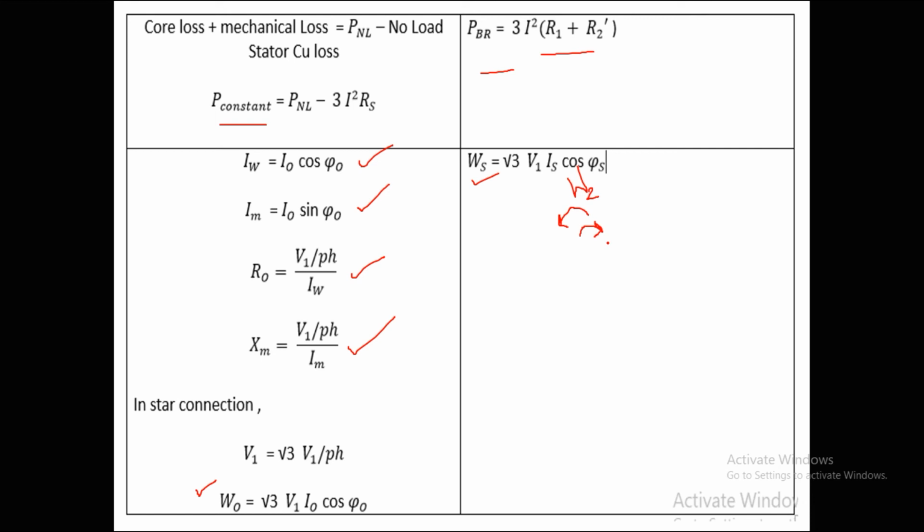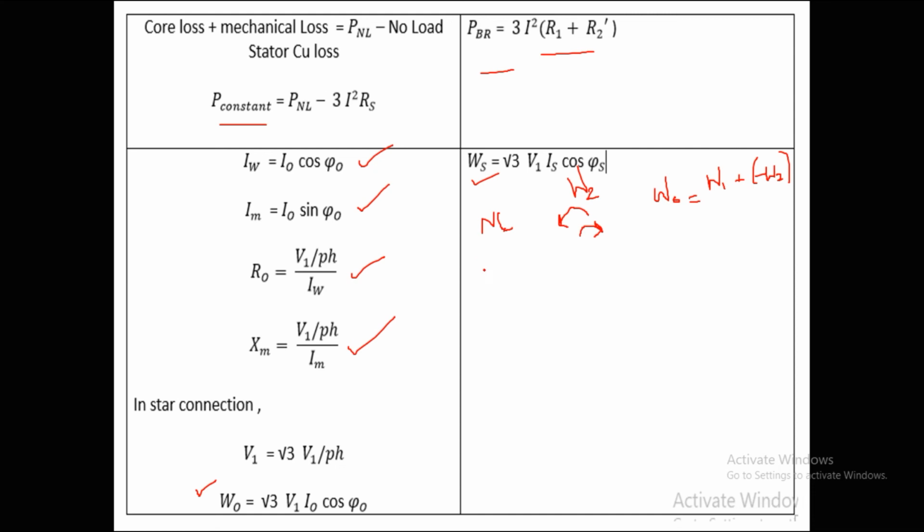We take only one reading for the no load as well as the blocked rotor test, but at the time of the no load test, one of the wattmeters, W2, has a negative deflection, so we interchange the current coil terminals in order to measure a positive deflection. So we can say W0 will be the power, that is wattmeter reading 1 plus or minus wattmeter reading 2. This will be the total power at no load condition.